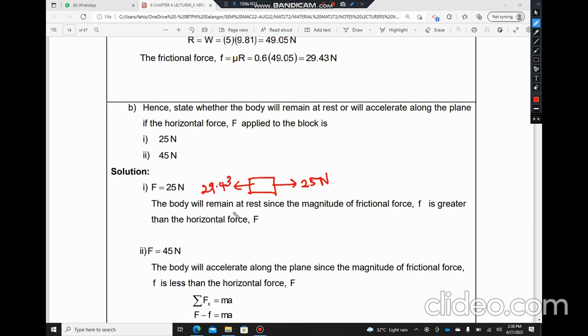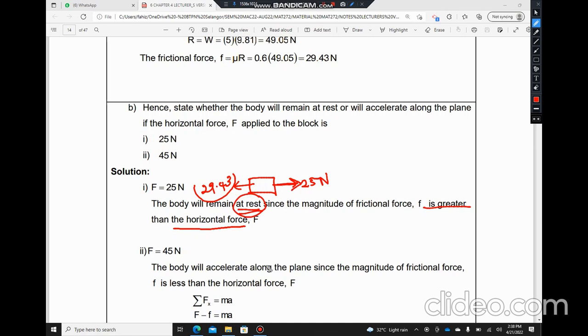So the body will remain at rest. Maknanya dia tak boleh bergerak, sebab walaupun awak tarik kat sini, tapi kat sini force dia 25. Dia lebih kecil kan. So maksudnya friction ni lebih besar, because friction is greater than the horizontal force. So the body will remain at rest. Maksudnya dia akan static, dia tak bergerak.